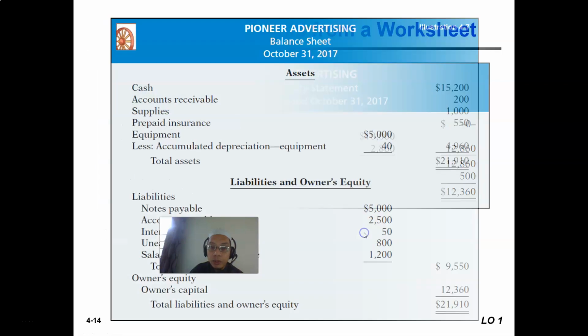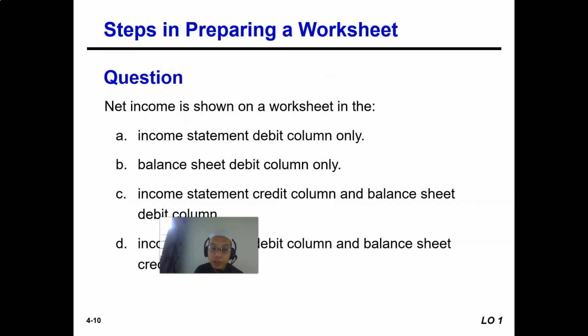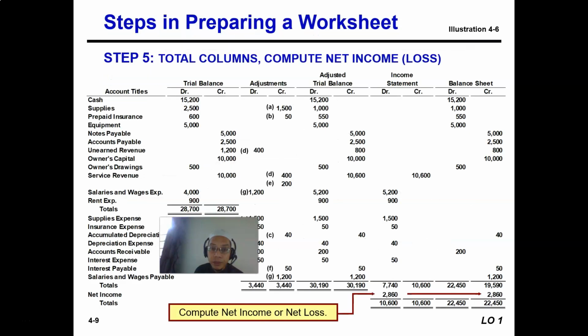When we look back at the worksheet, the net income is on the credit side, therefore it adds to the owner's capital, but the owner's drawing is a debit side on the balance sheet, therefore it is a reduction from the owner's capital.